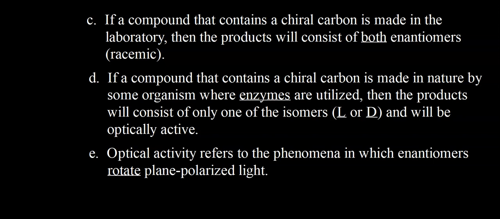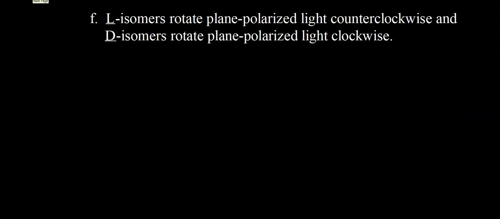So let's take a look at that. L-isomers rotate plane polarized light counterclockwise, or left. L stands for levorotatory, or left, and D stands for dextrorotatory, or right, or clockwise.